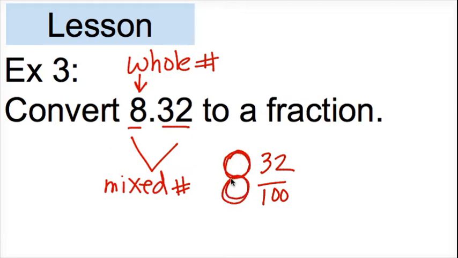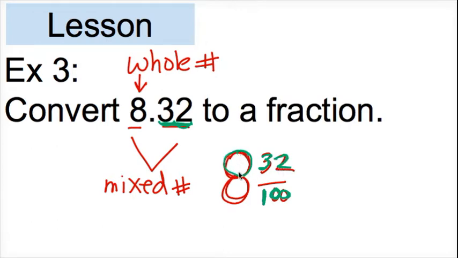Then if we go through the steps, we count how many digits are after the decimal. There are 2 digits. So my denominator will be 100. I have 2 zeros in my denominator. Then step 2 says the numerator becomes the actual digits to the right of the decimal. My actual digits are 32.